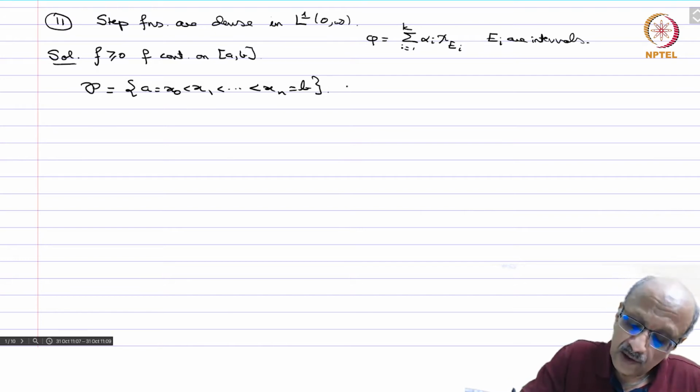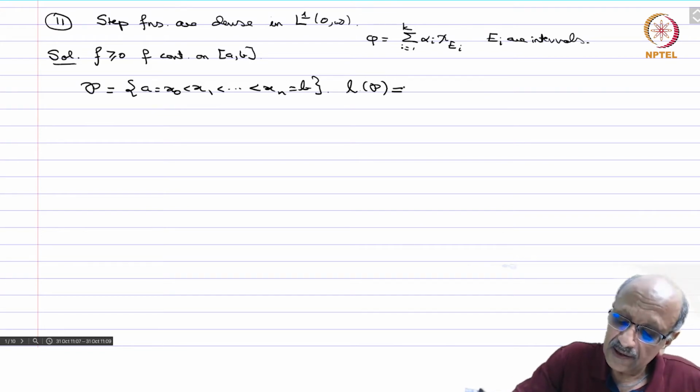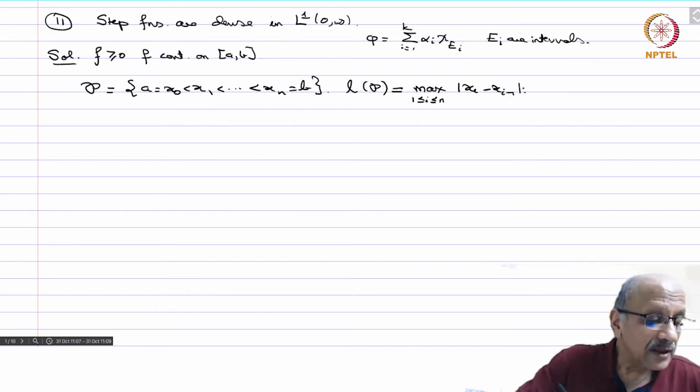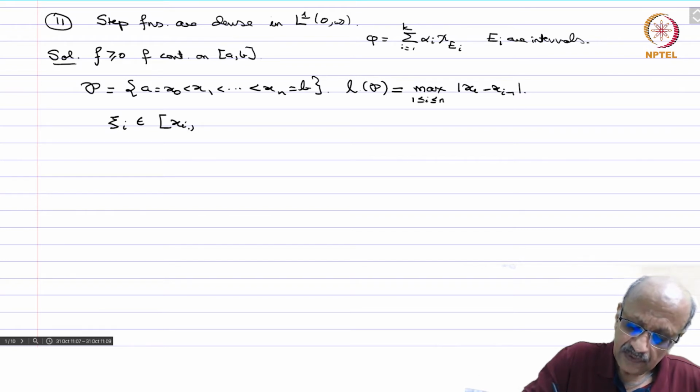And you set L of P to be the maximum length, the maximum over 1 less than or equal to i less than or equal to n of |x_i minus x_{i-1}|.